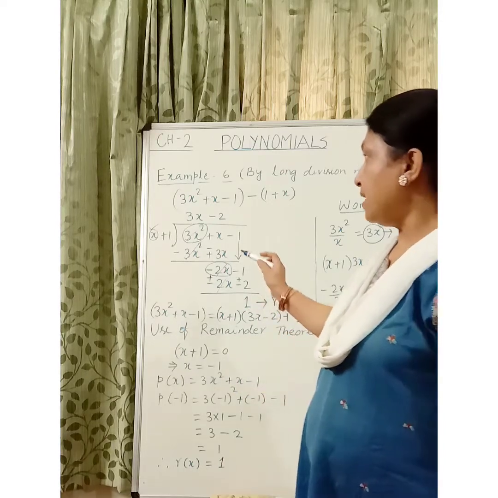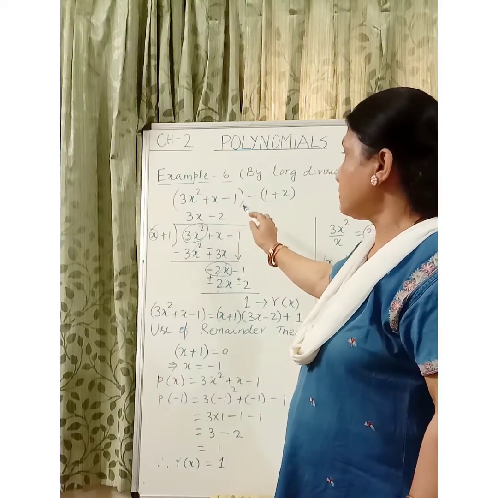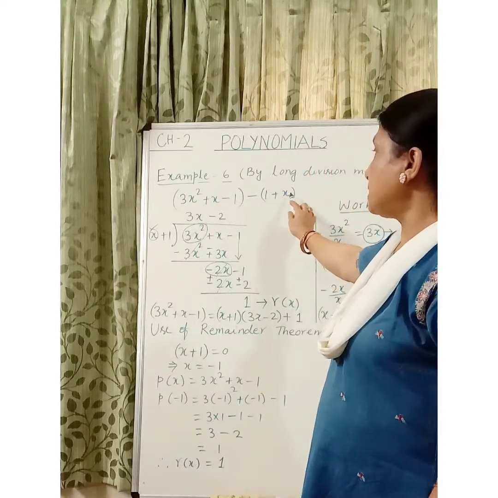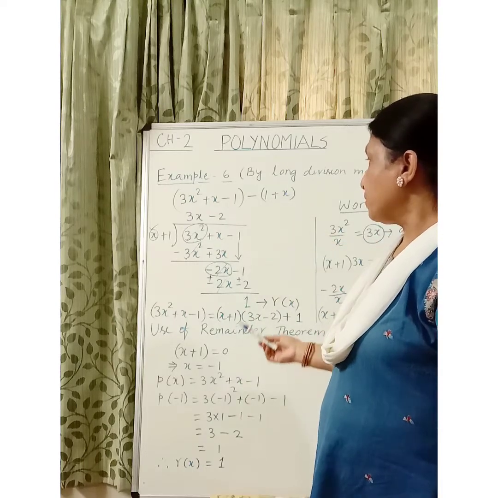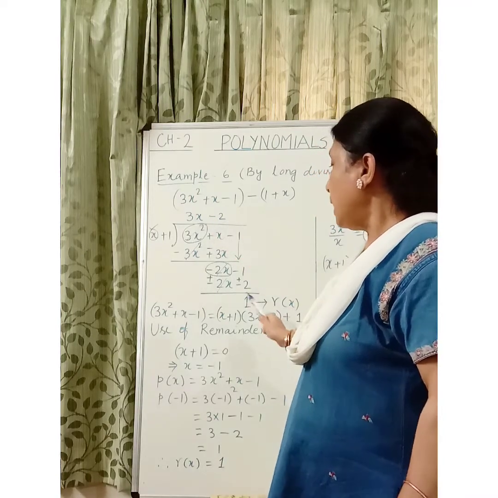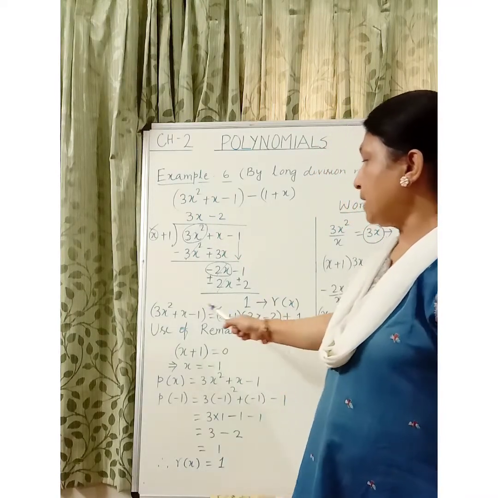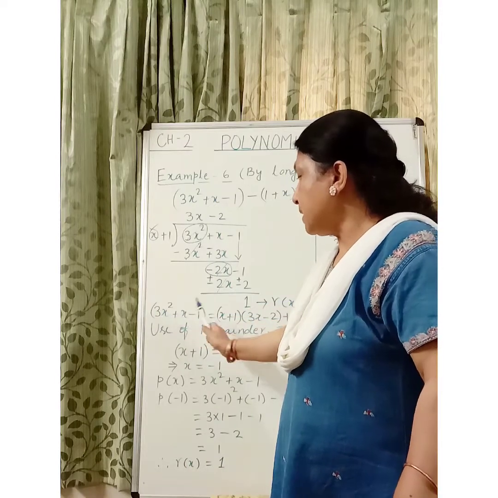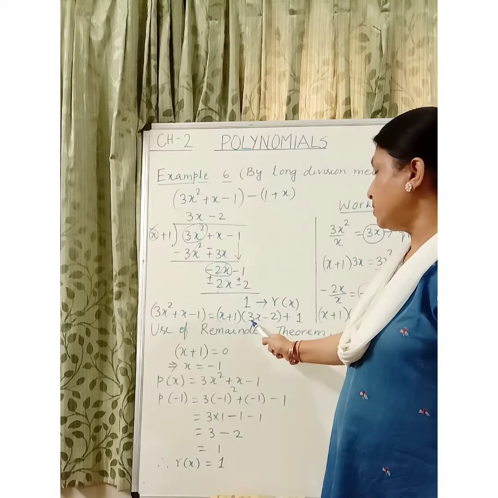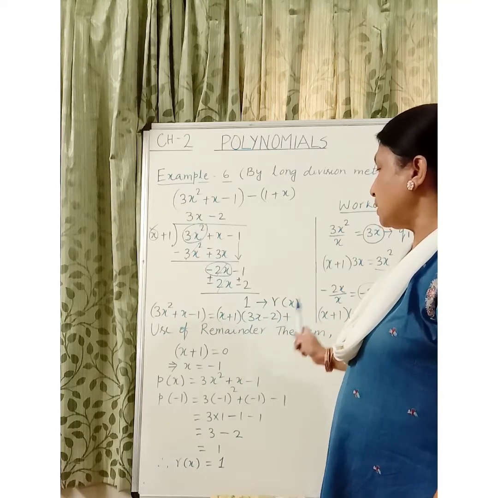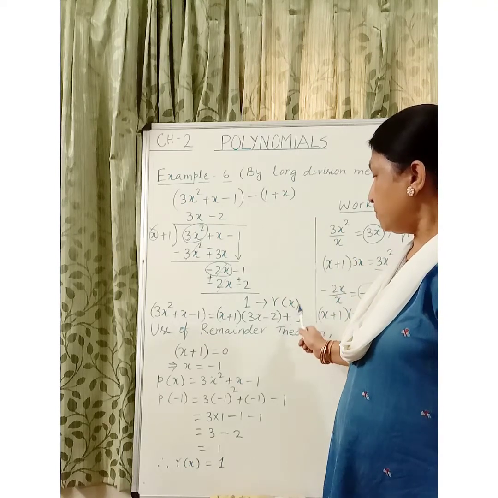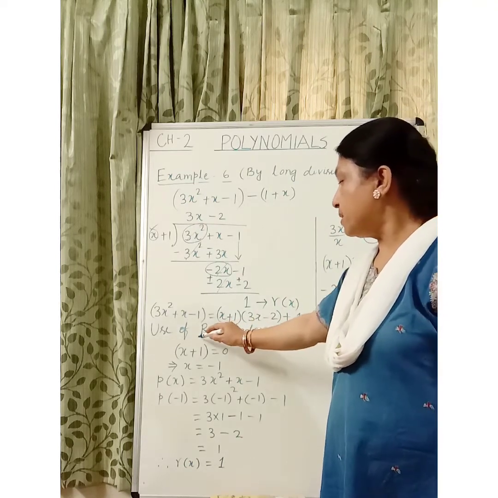So when we have divided 3x square plus x minus 1 by x plus 1, we are getting the quotient 3x minus 2 and the remainder 1. So we can write 3x square plus x minus 1 is equal to x plus 1 multiplied with 3x minus 2, plus 1.